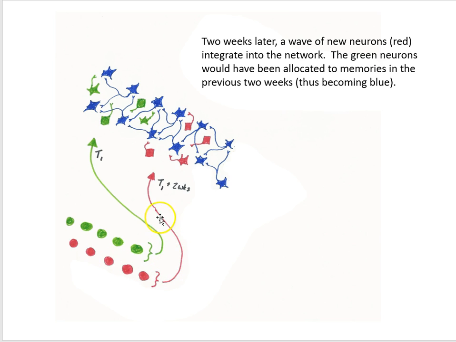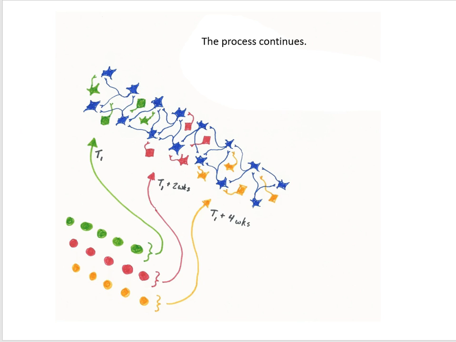Two weeks later, a new wave of neurons, here shown in red, integrate into the network. Again, they're going to be disrupting whatever memories were previously formed by the older neurons. The green neurons that were younger two weeks ago would have already been integrated into the neural network and been allocated to memories in the previous two weeks. And the process, of course, continues as new neurons are born and integrate into the network.